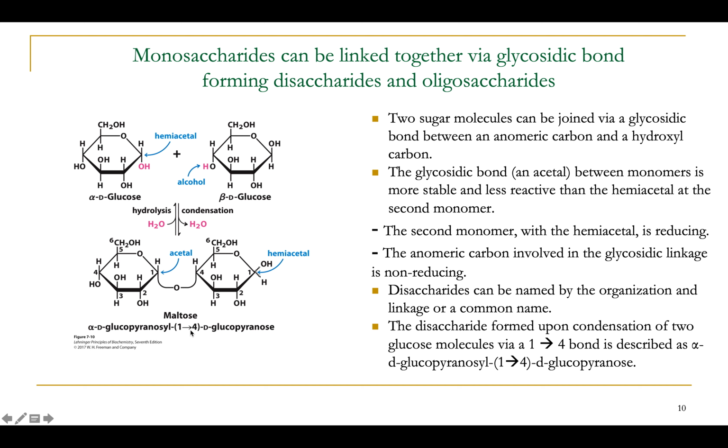In the middle, in brackets, there is specification of the direction of glycosidic bond: from which carbon atom in the non-reducing end to which carbon atom in the reducing end the glycosidic bond stretches.